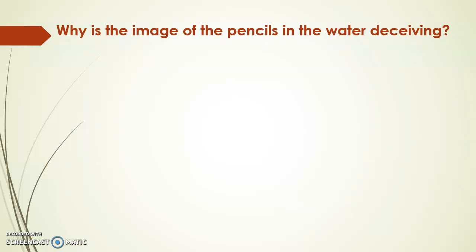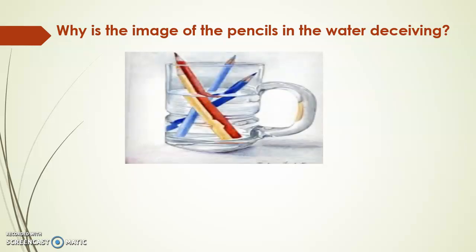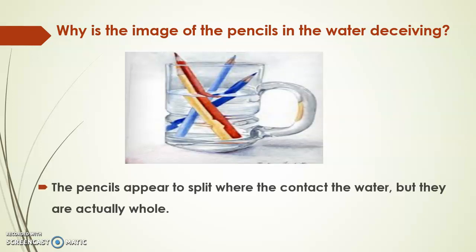Why is the image of the pencils in the water deceiving? As I said earlier, the pencils are whole, but they look as if they are split. Whenever the pencils contact the water, they look as if they are split. But are they split?